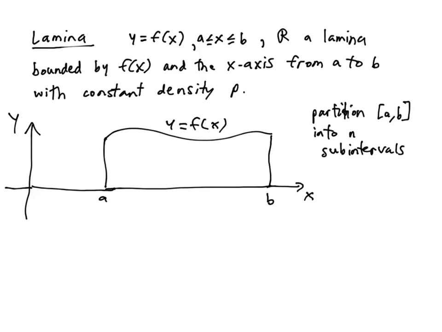So this is going to be x sub 0, and the next one's going to be x sub 1, and of course these all have width delta x. x2, this keeps going and going and going. This is xn.